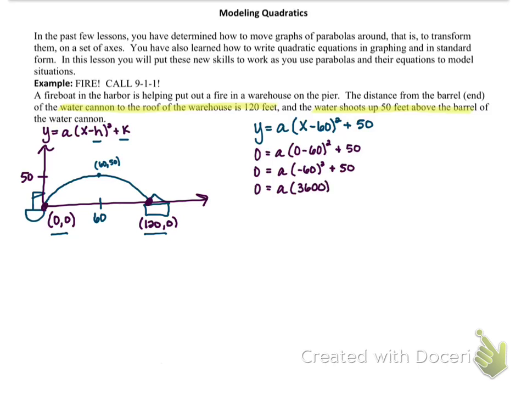3,600 plus 50. In order to get the a all by itself, we are going to have to subtract 50 from both sides of our equation, giving us negative 50 equals a times 3,600. We will then have to divide both sides by 3,600.